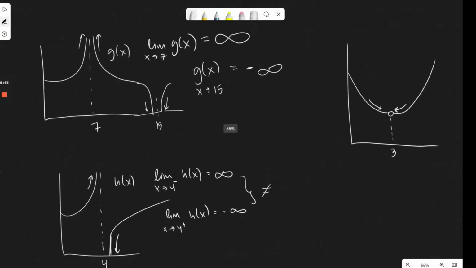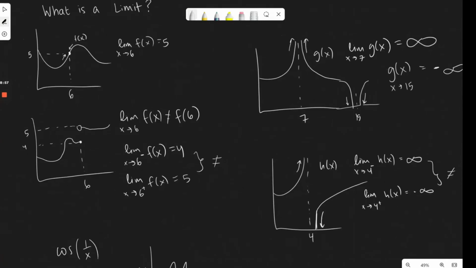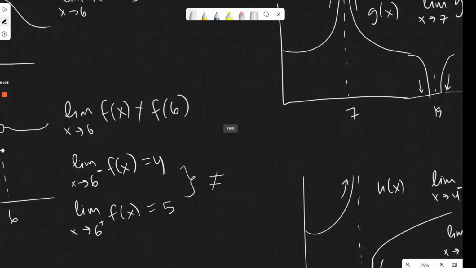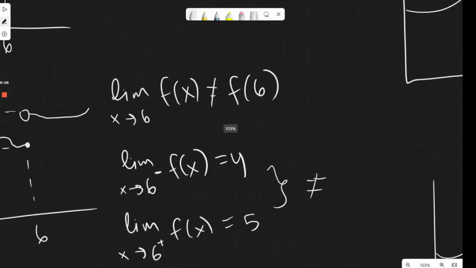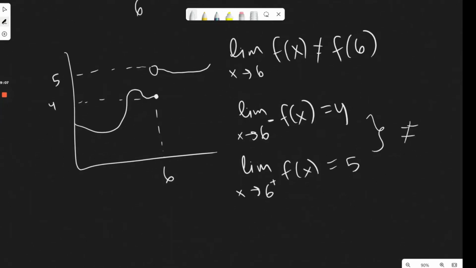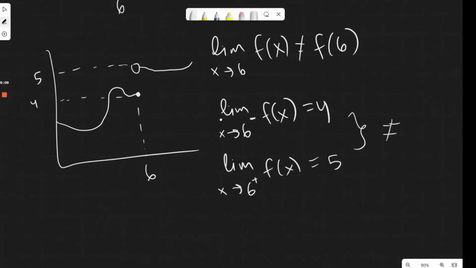One more thing is that a lot of times questions will ask you for one-sided limits, and all that is what a function is approaching from that side. So like this limit right here does not exist, but the one-sided limit of this function from the left would be represented with the little negative sign here.